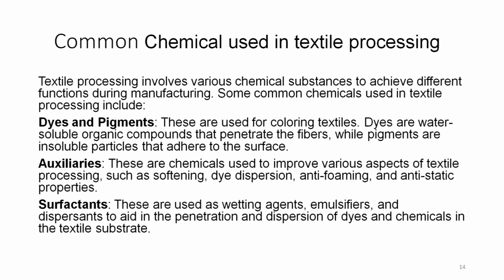Dyes are soluble, pigments are insoluble, but they adhere on the surface of the fabric. Auxiliaries are chemicals used to improve various aspects of textile processing such as softening, dye dispersion, anti-foaming and anti-static properties.